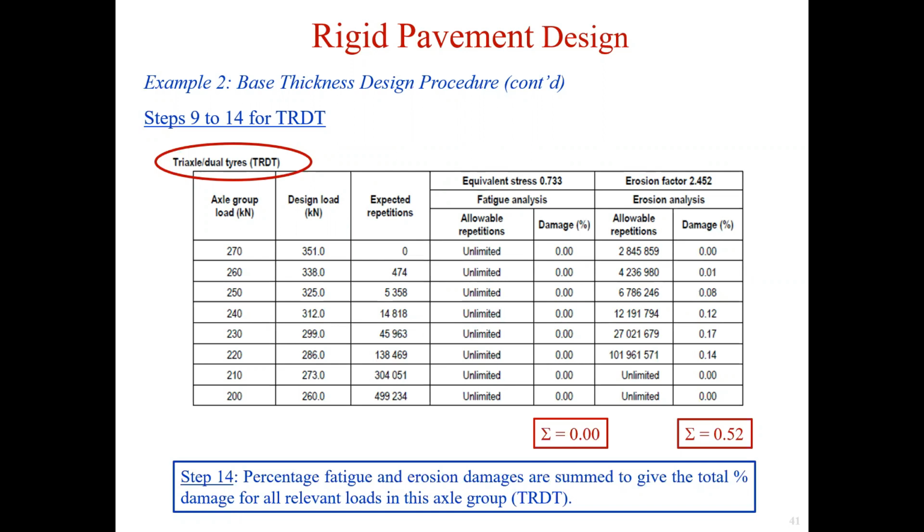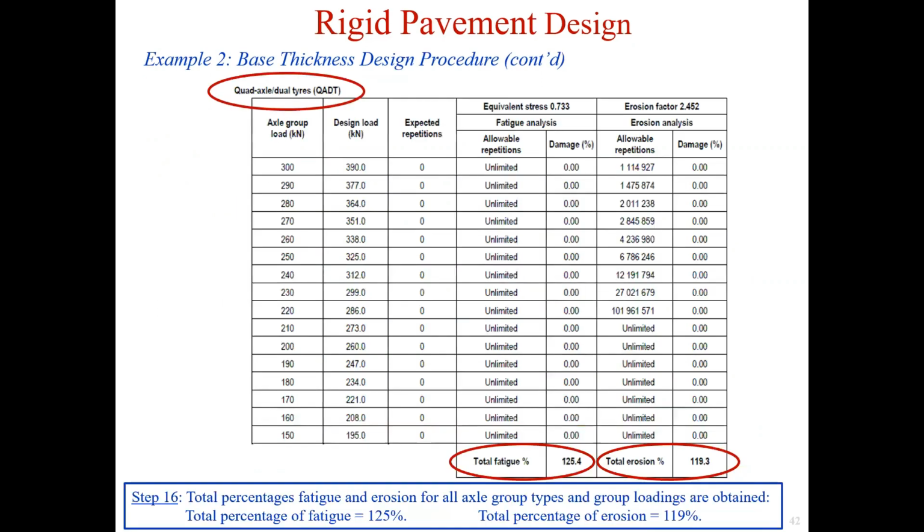The total percentages of fatigue and erosion damage are 0 and 0.52% respectively. Finally, the data for QADT is shown in this table, and we can work out the total percentage of fatigue and erosion damage for this axle group accordingly.